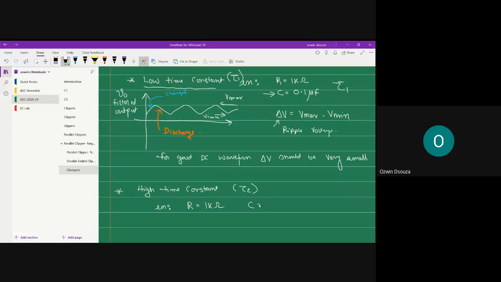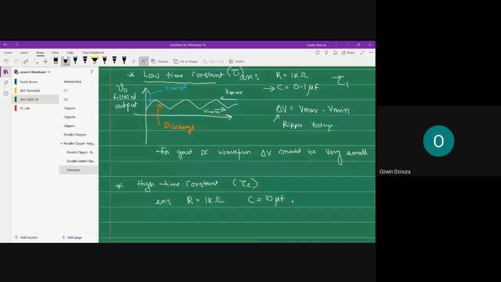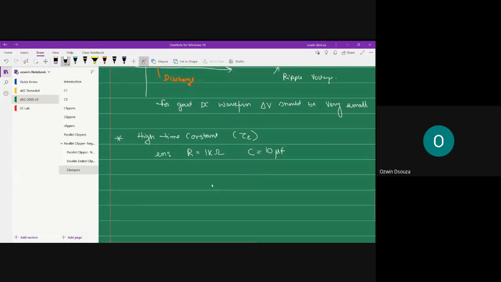However, let us take the C value with a very high capacitance value, let's say 10 microfarad. So the product R and C will give you the time constant, right? So we get tau 2 as R into C, which is high compared to the first case.